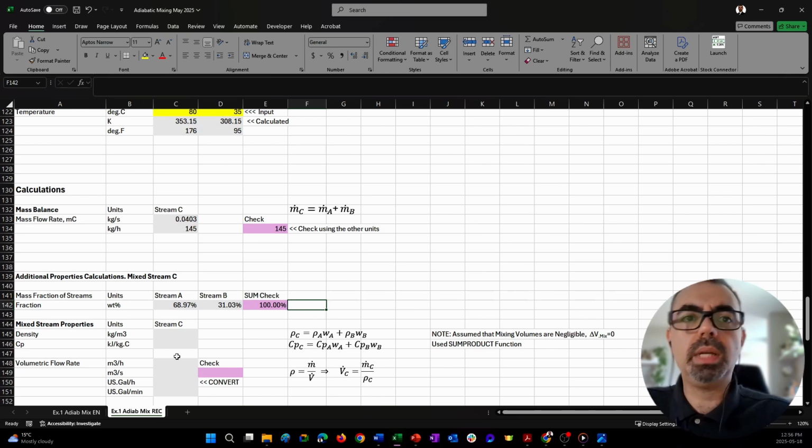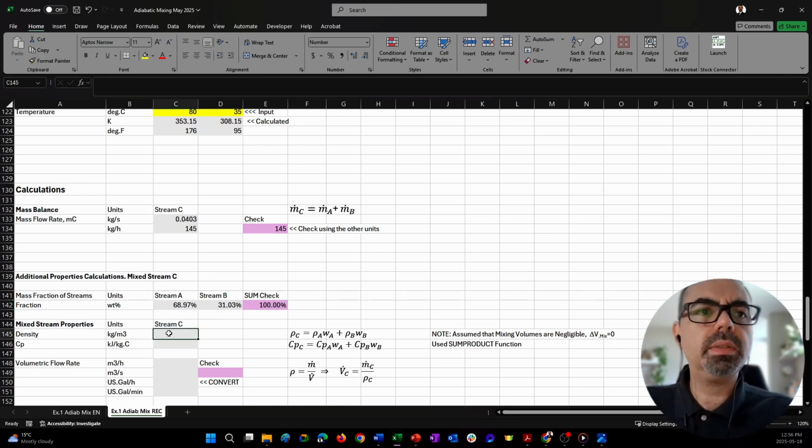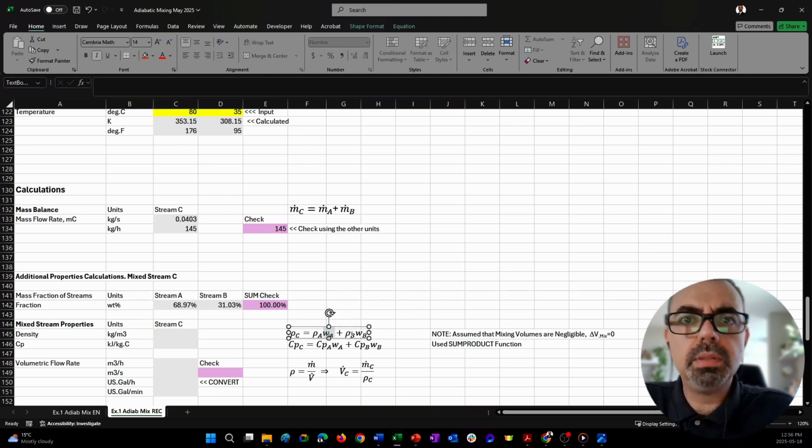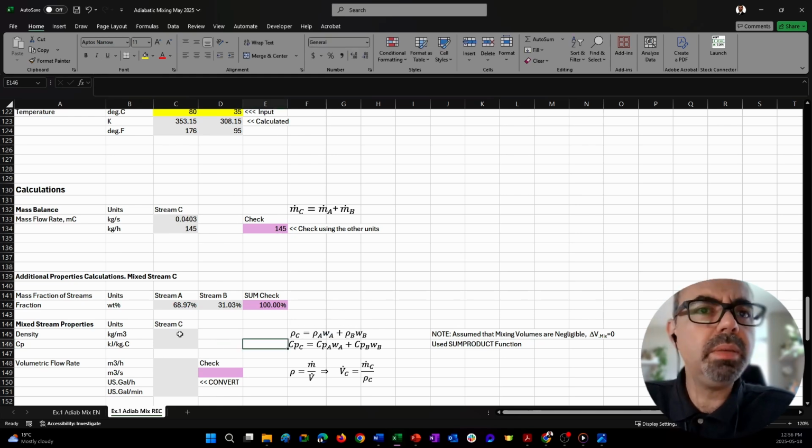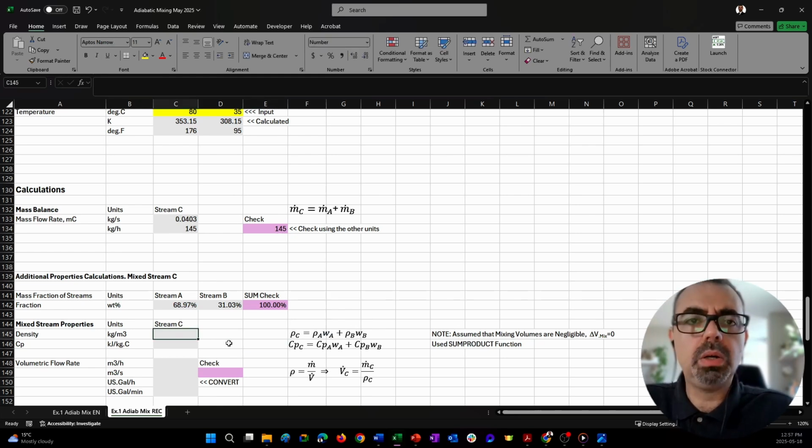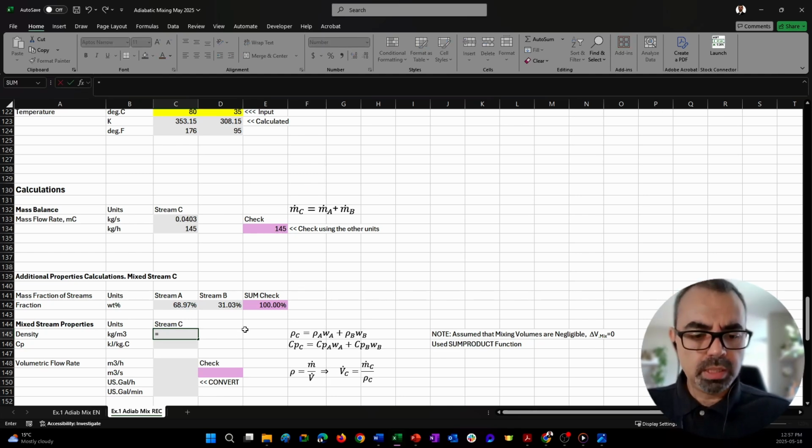So next, we need to calculate the properties of the mixture using the weight fractions. So let's start with the density. So here you see it's a combination of a product of property times weight fraction plus property of the other stream times weight fraction. So there is an interesting function in Excel called SUMPRODUCT, which actually does that operation. And I'm going to show you how to use it.